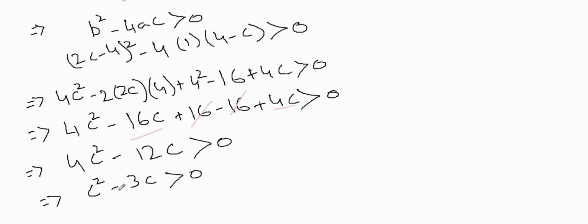Now again it becomes a quadratic equation basically, and we have to solve it. And what type of equation is it? The coefficient of c squared is positive, that means it has a shape like this, okay, and we have to find these two values where they are intersecting the x-axis, this point and this point.